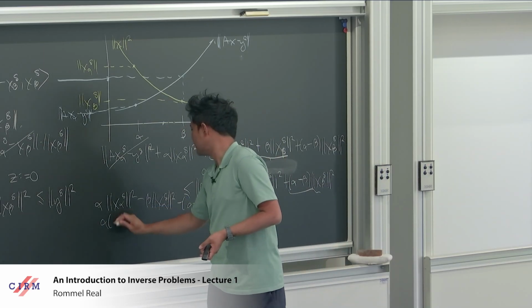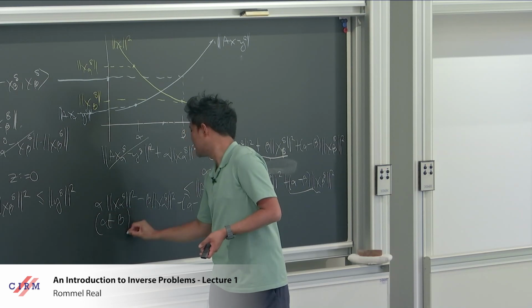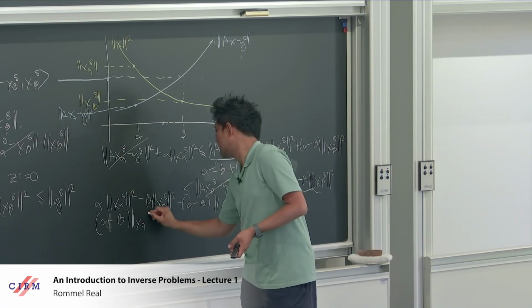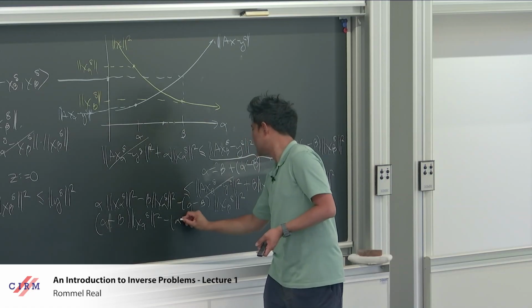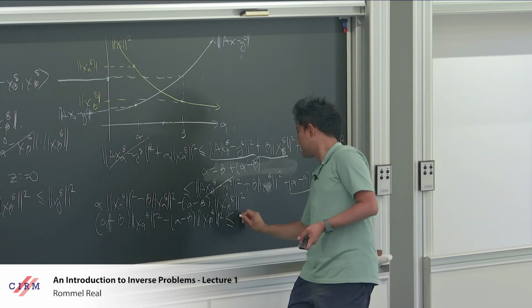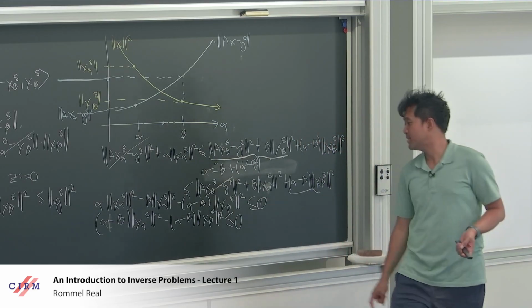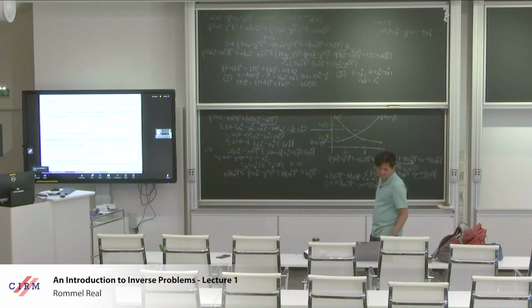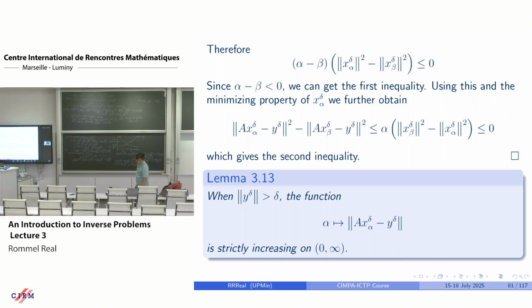So that's alpha times alpha minus beta times norm of x beta delta square less than or equal to 0, and then factoring that one, this will lead you to this inequality over here. Note that by our choice of alpha and beta, alpha minus beta must be less than 0. So that means we should have the first inequality, because this one is less than 0.